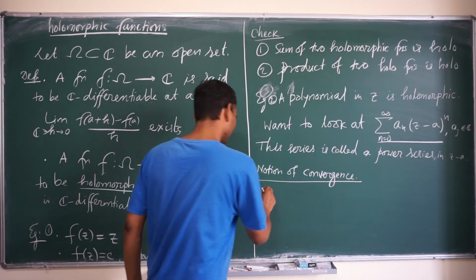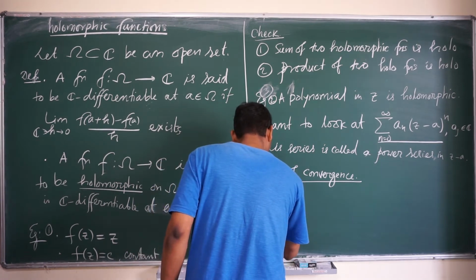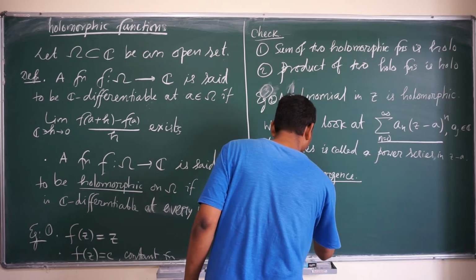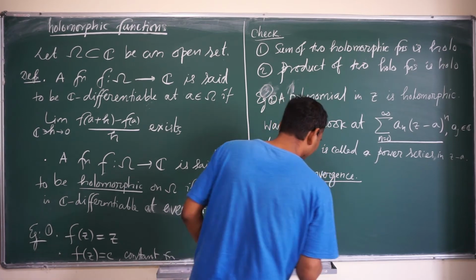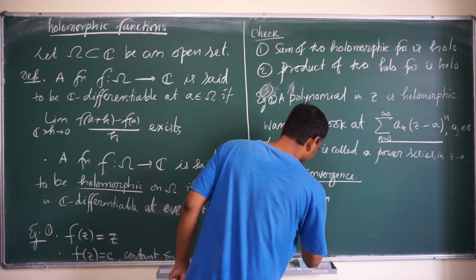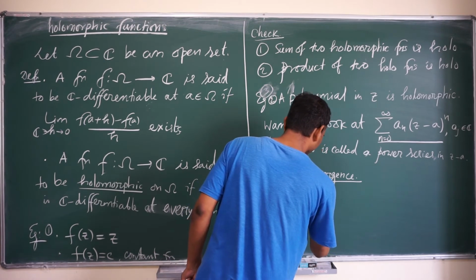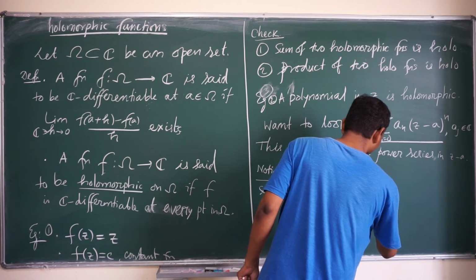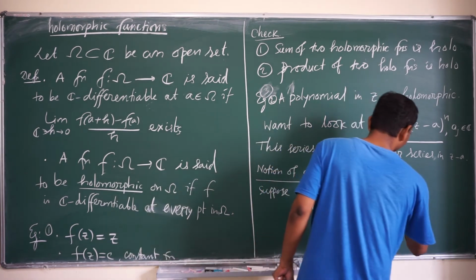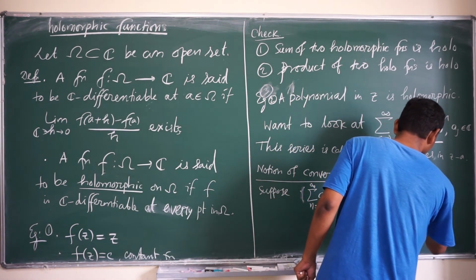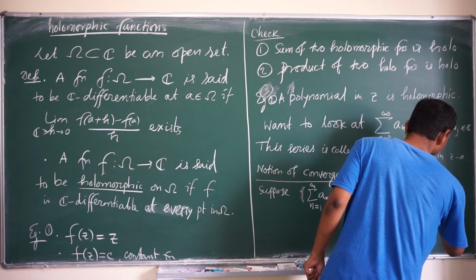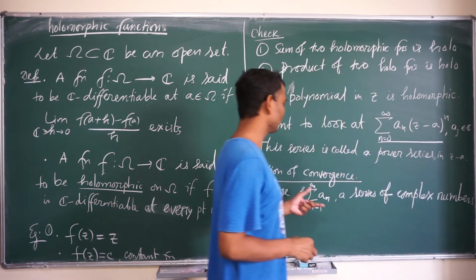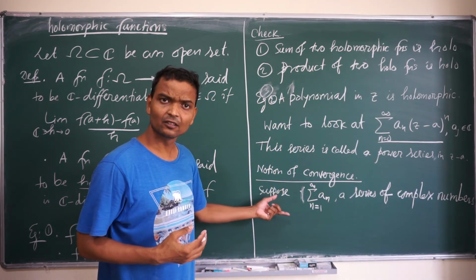Suppose we have a series of complex numbers, summation a_n from 1 to infinity. What is our notion of convergence in this case?